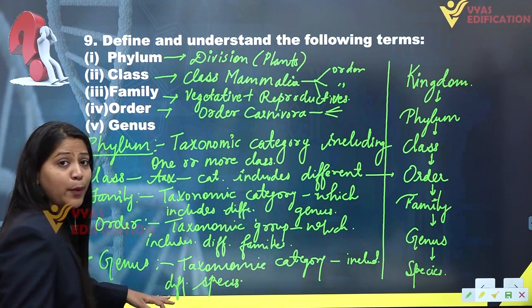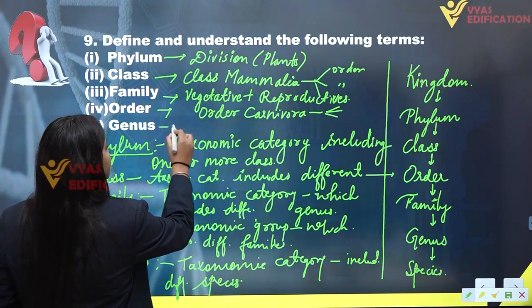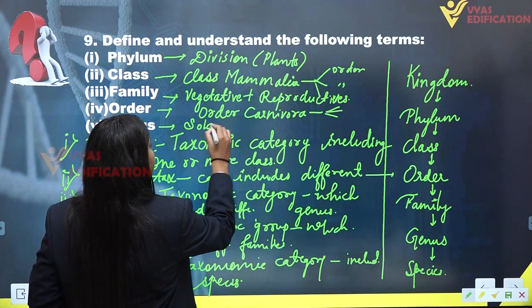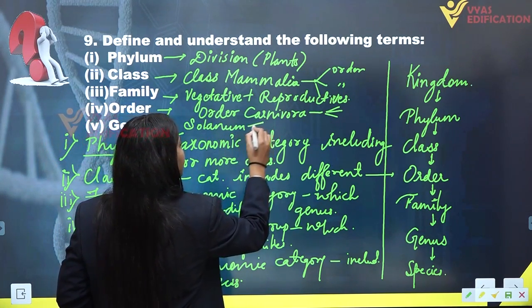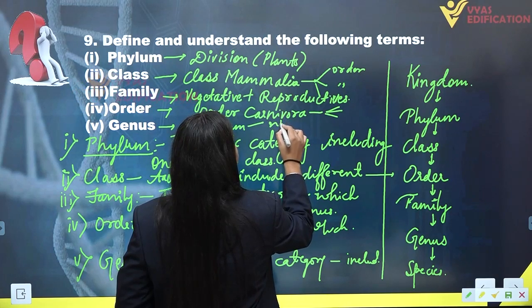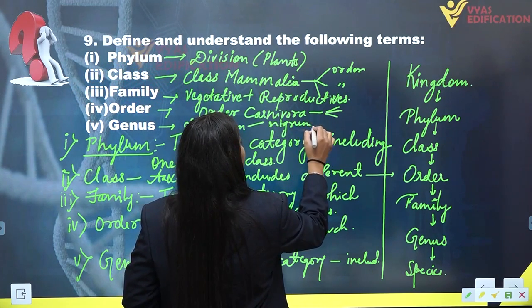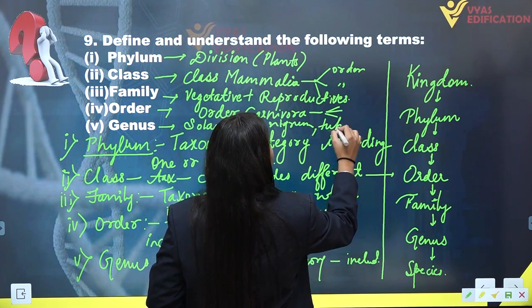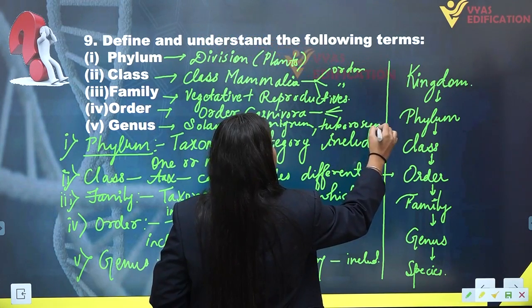If we take an example of this genus, then genus Solanum includes nigrum and tuberosum, like this.